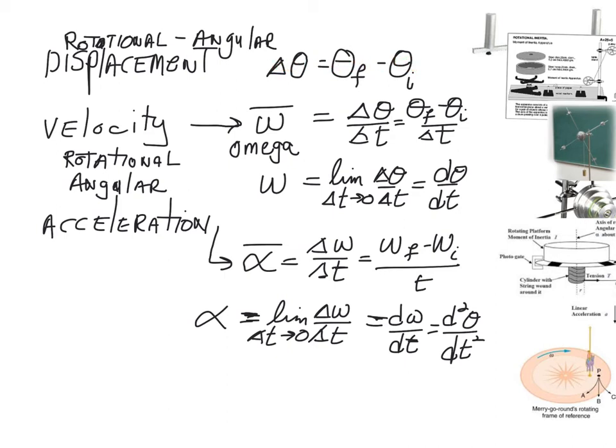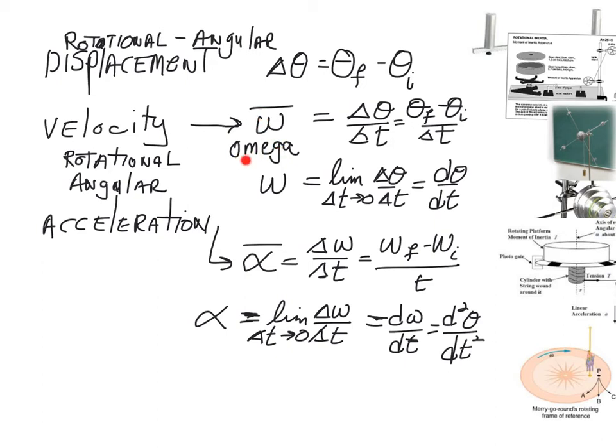And so if we take the displacement over the time, that gives us the speed at which something is rotating. So if it's doing 1 rotation every second, it's doing 2 pi radians every second, it's doing 360 degrees every second. And so that's how we define omega, this curly W.